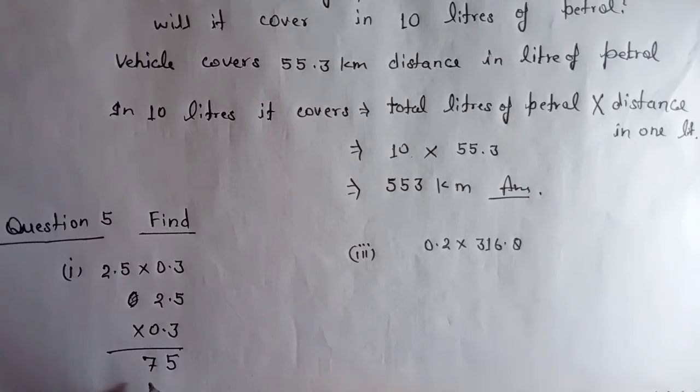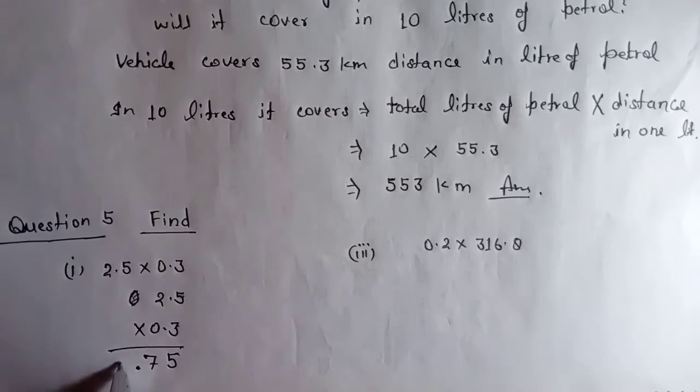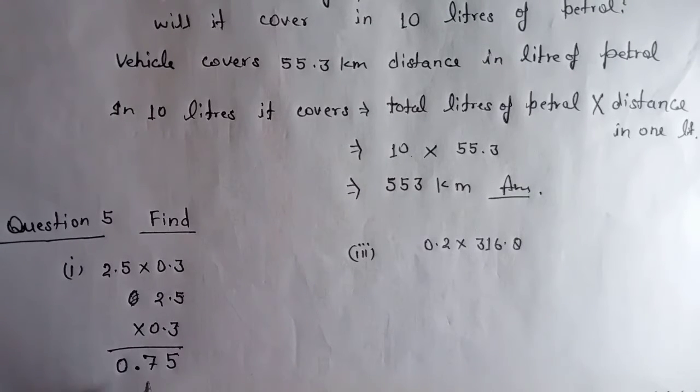Here in both the numbers a decimal point is given, so total two digits are available after decimal point. Now start your counting from here, 1, 2, you come here, so place your decimal point here and write a 0 before it. Your answer is 0.75. If before a decimal point there is nothing, you have to write a 0, okay? Never write .75, write 0.75.